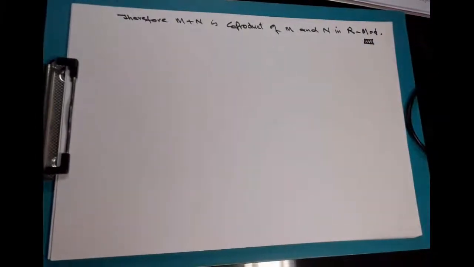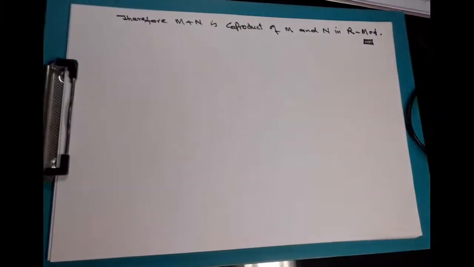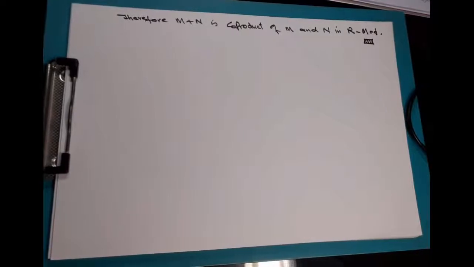We defined the co-product of two objects, and so far we have worked with the co-product of two objects only. We can define the co-product of a family of objects as well. So let me give you that definition.